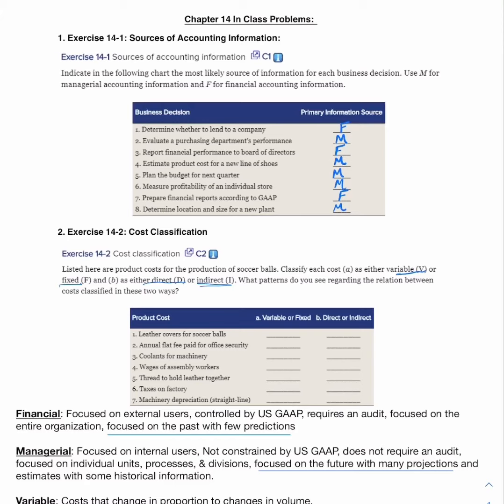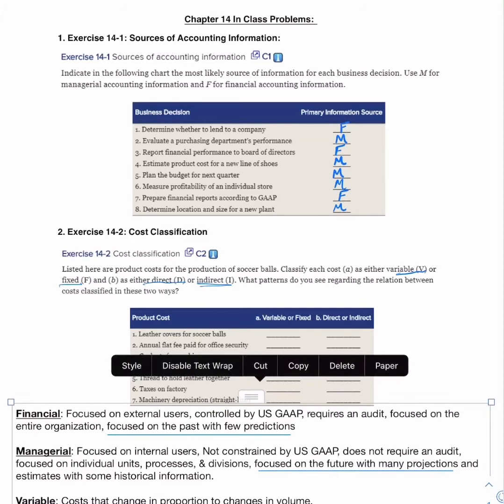The next area that we want to talk about briefly is this idea of a direct cost versus an indirect cost. So a direct cost is what we say can be traced to an individual cost object. And while everything can be traced eventually, what is the key here is that this is easily and cost effectively.